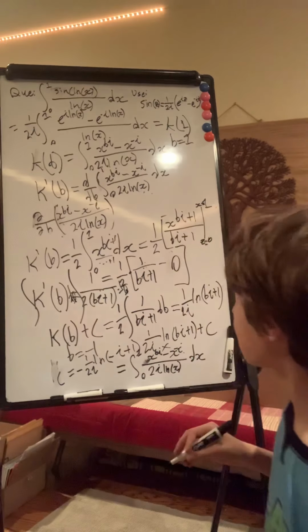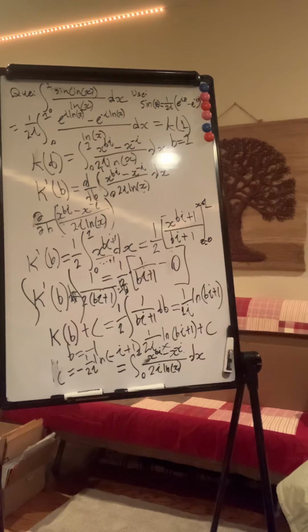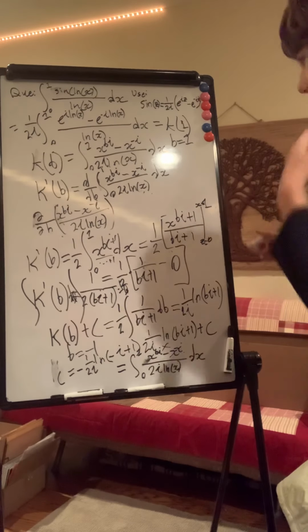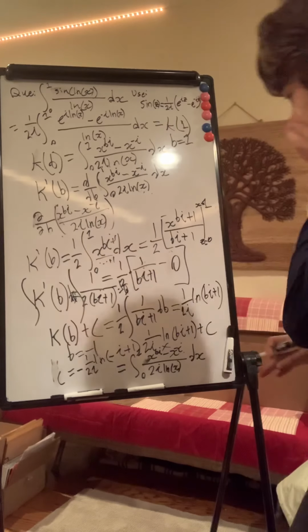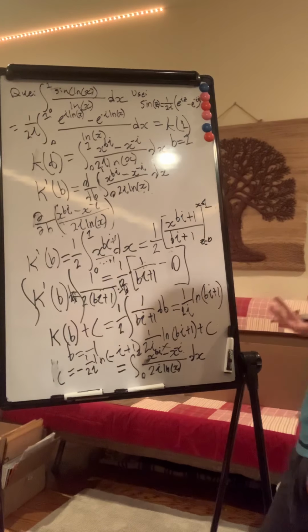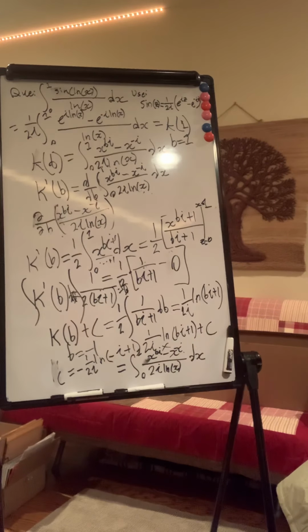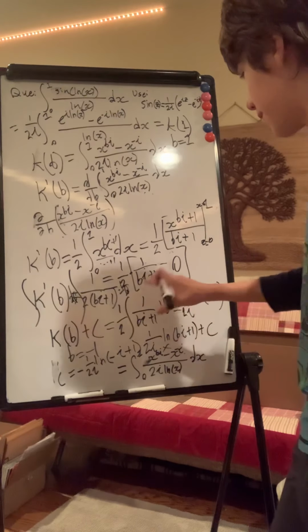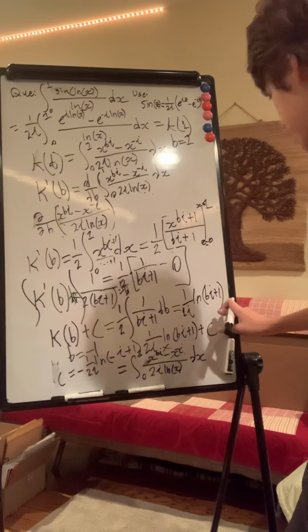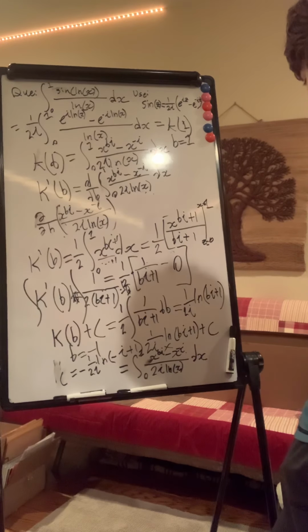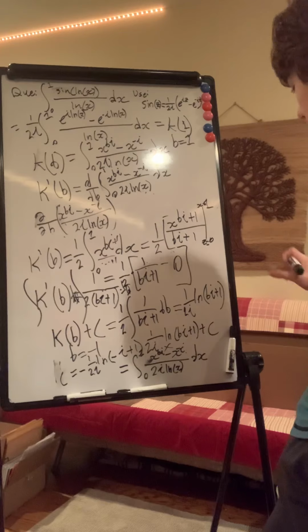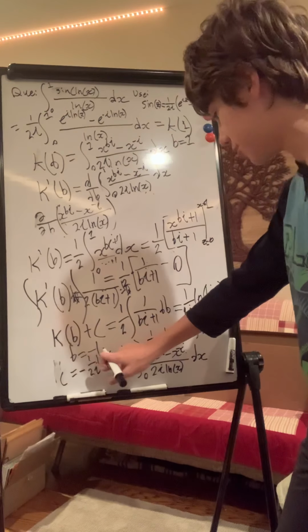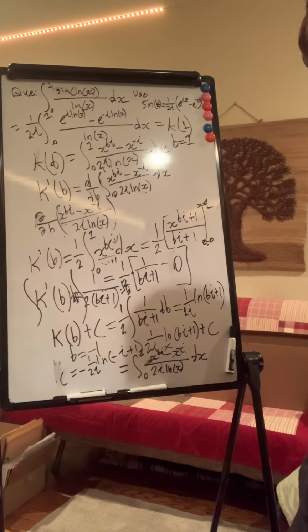Okay, so finally, our final answer amongst all of this mess, now we have our final form for our k of b. Looking back, we have k of b equals 1 over 2i ln of bi plus 1 plus the c, which is minus 1 over 2i ln of -i plus 1.